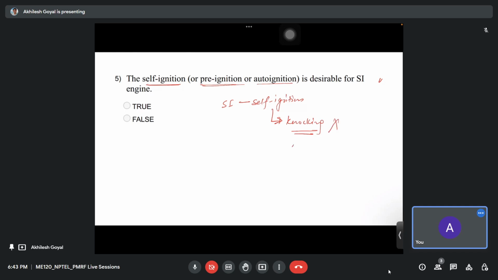Self ignition means it will lead to knocking. So is self ignition desirable for SI engine? No, it is not. This statement is false.